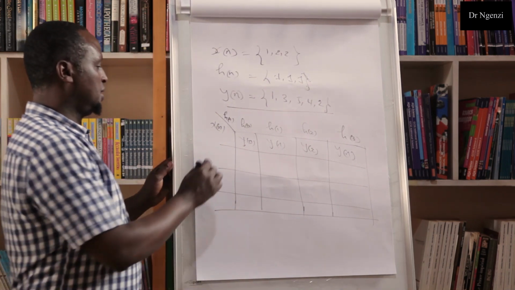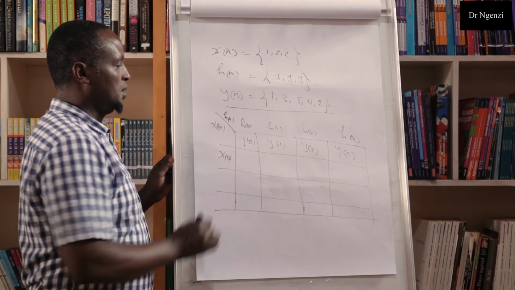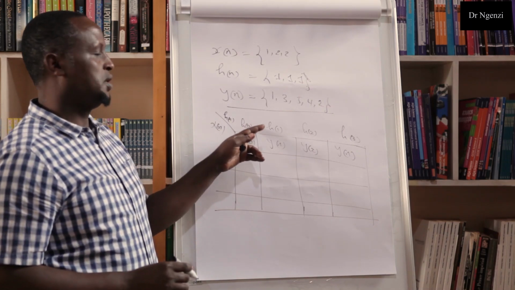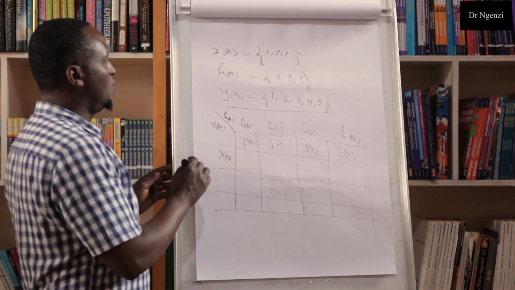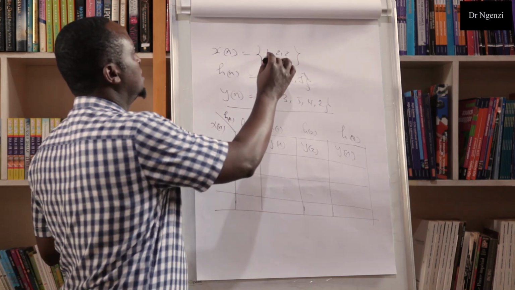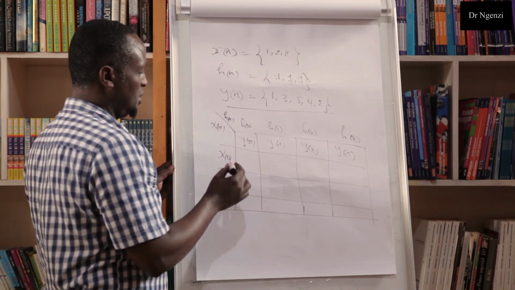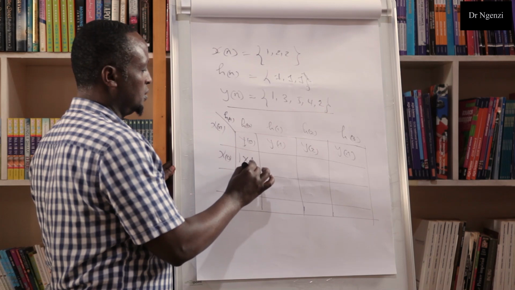So at x0, we multiply x0 by h0, which is 1 times 1.